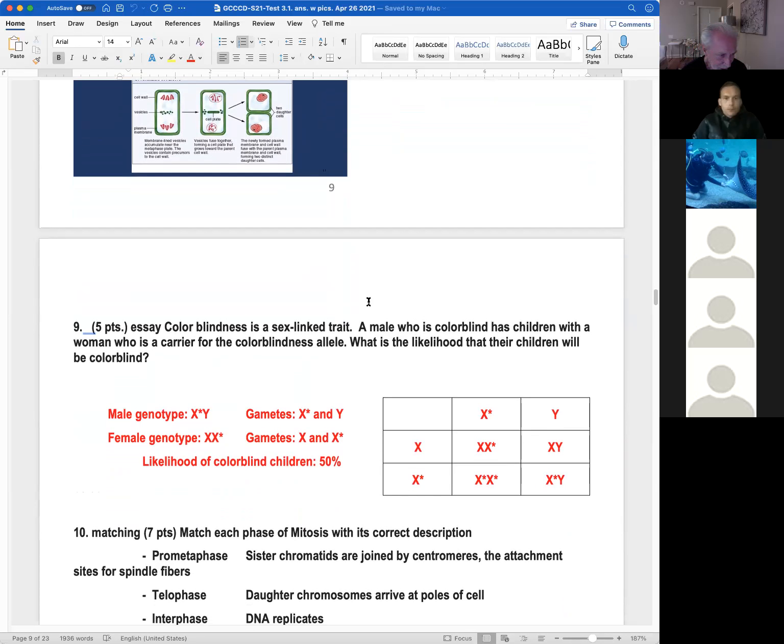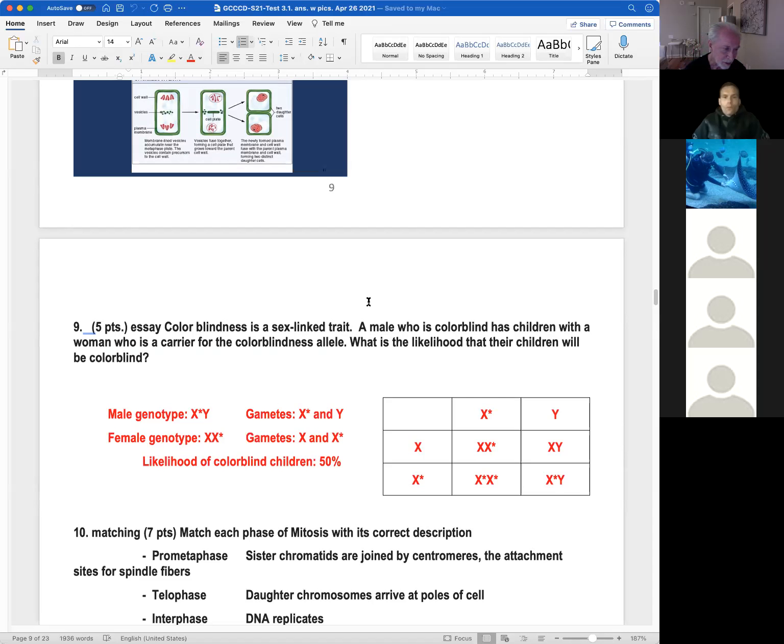So you read that and you say, okay, if this male is colorblind and it's sex linked, then the mutation could be either on his X or his Y. But then you see the next sentence says, the woman is a carrier for color blindness. That means that the mutation is on an X because females don't have a Y.